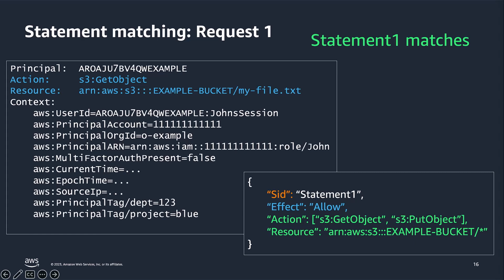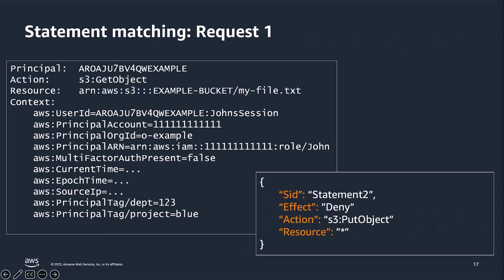And you might think, okay, we found a matching statement. We can stop this exercise now and the request is allowed. But remember that an explicit deny always takes precedence over an explicit allow. So we have to keep going. Let's look at the next statement in our policy. We look at the resource in the authorization context and the resource in the policy, and those resources match.